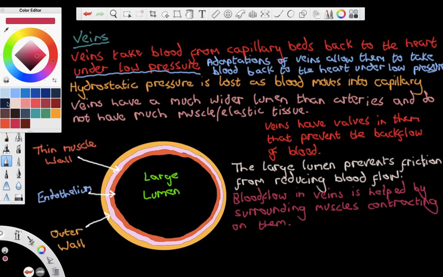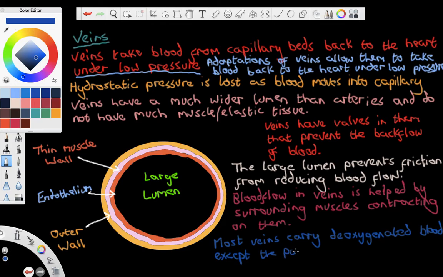So, just as an easy thing to remember, most veins carry deoxygenated blood, except the pulmonary veins, which carry blood from the lungs to the heart.